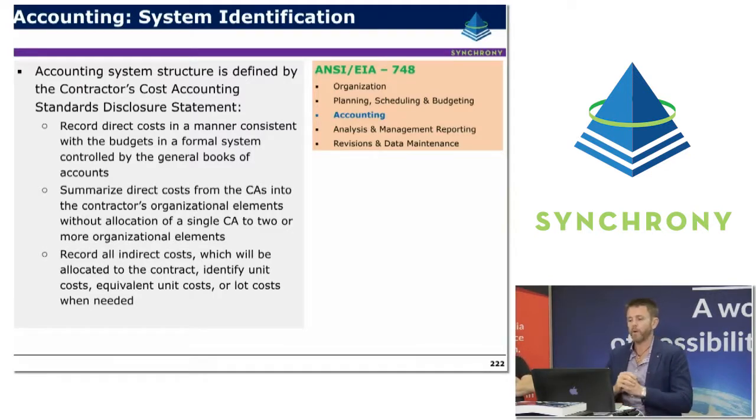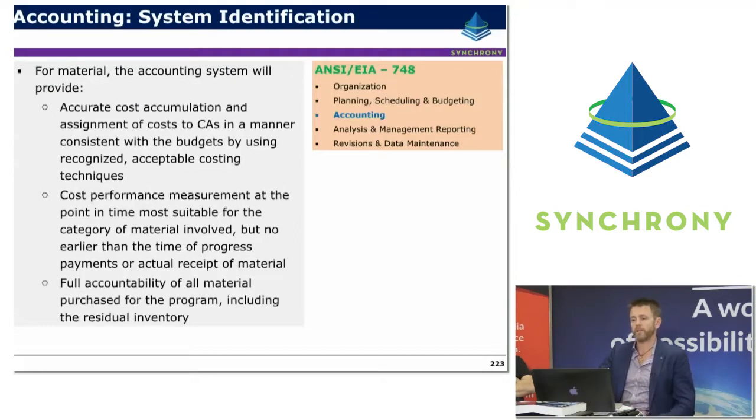It's really important that all indirect costs which will be allocated to the project identify unit costs, equivalent unit costs, or lot costs when needed. For materials, it's really important that the accounting system provides an accurate cost accumulation and assignment of costs to control accounts in a manner consistent with the budgets, by using recognised acceptable costing techniques.